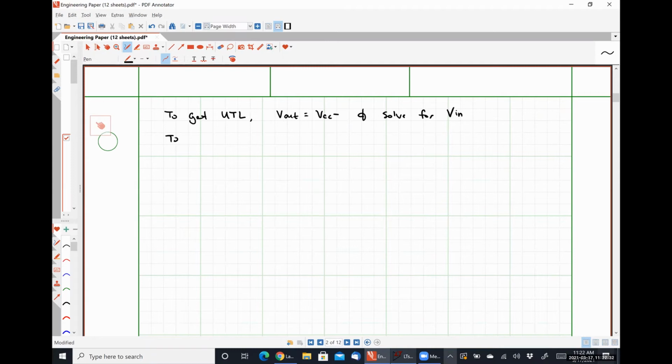And to get our lower trigger limit, that's the voltage at which our output swings from VCC plus down to VCC minus. So it starts at VCC plus. We say that V out has to be equal to VCC plus, and then we solve for our voltage V in. That's it.